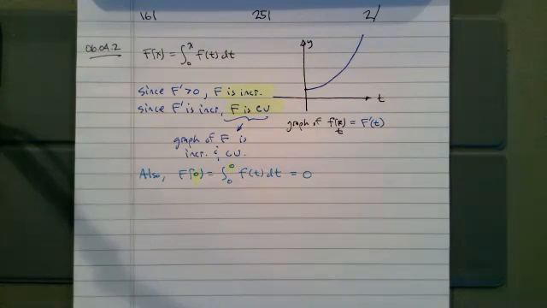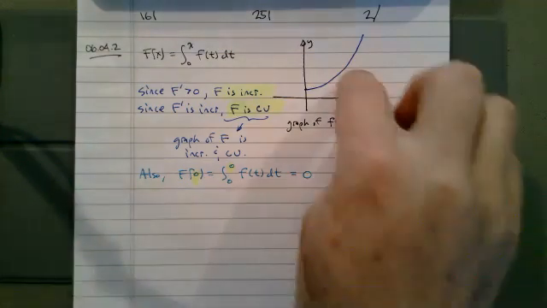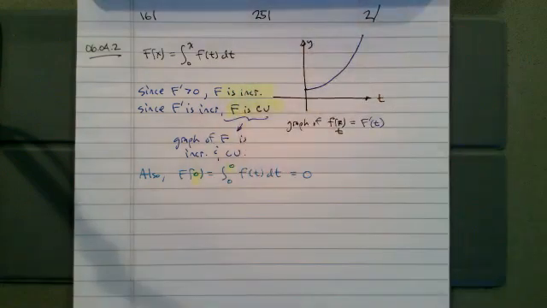That was just the question that they wanted to ask: if this is the derivative, then what does the function look like? But if we're looking for the answer, given this function, since capital F is the integral from 0 to x, capital F at 0 should equal 0. But this is the starting point. This was the question.